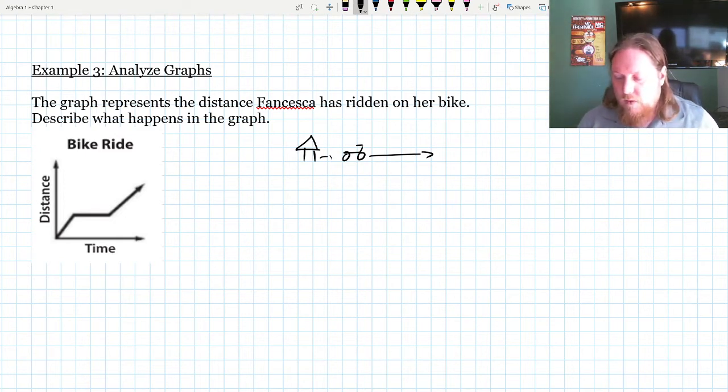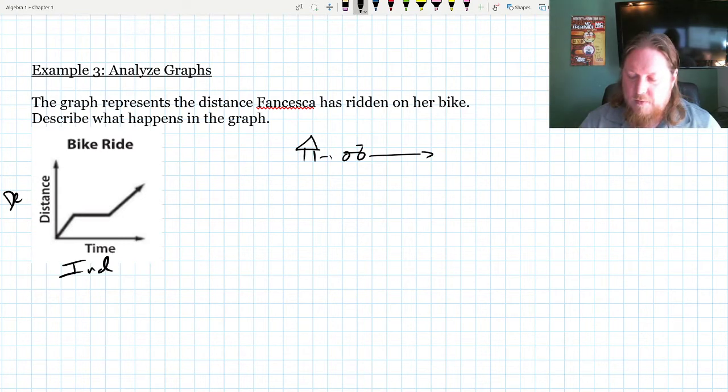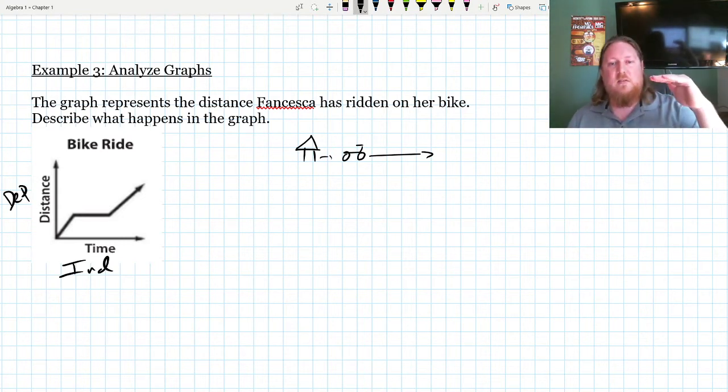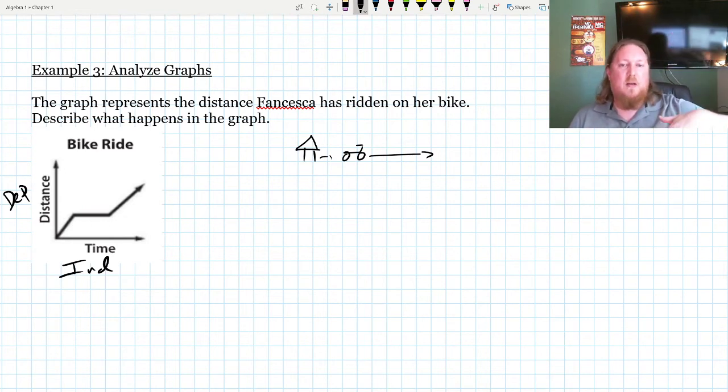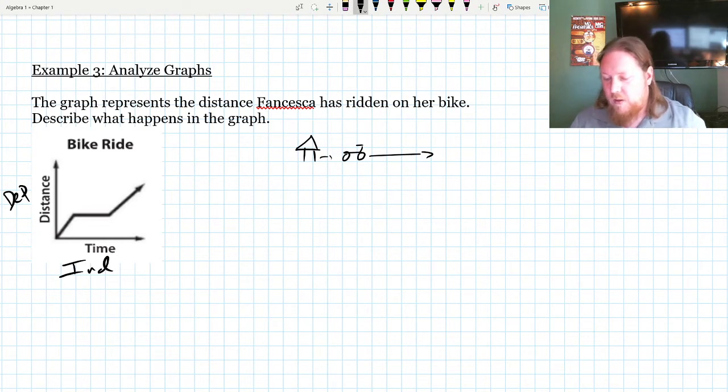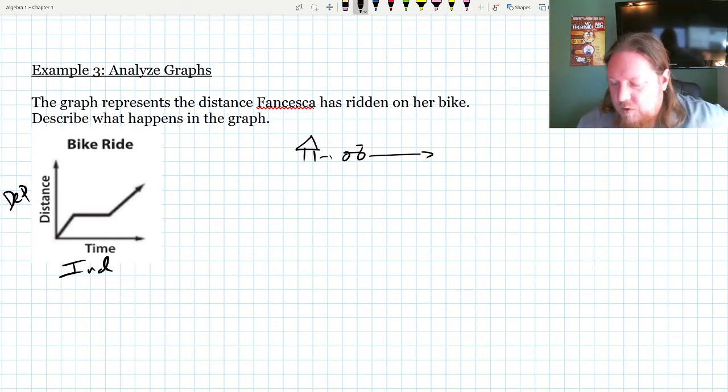So the way you want to think about these things here is the x-axis is the independent, it's time. The y-axis is the dependent. So think about as time changes, what is happening to the distance. So she leaves her home and she goes steadily away, right?